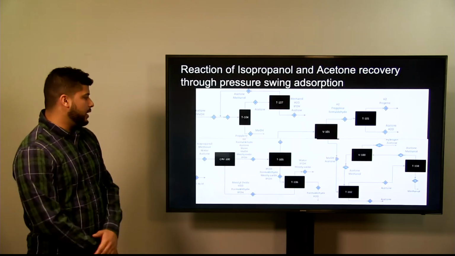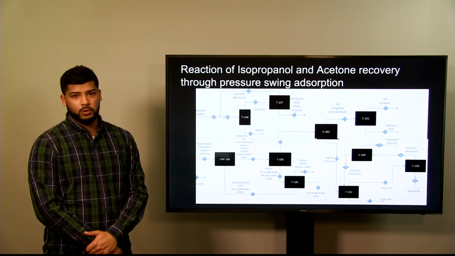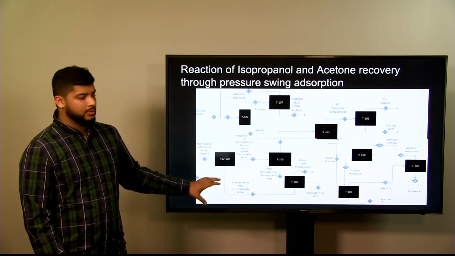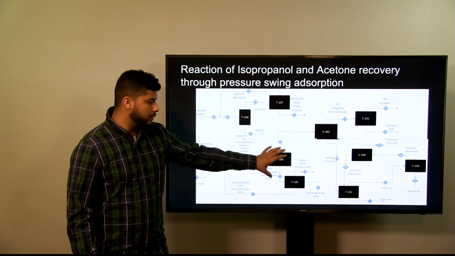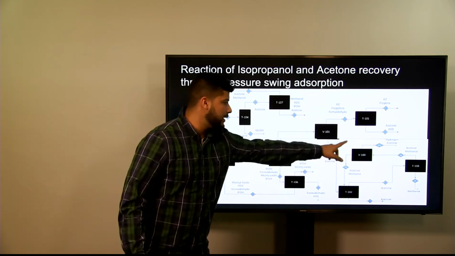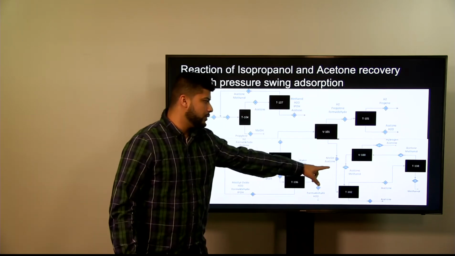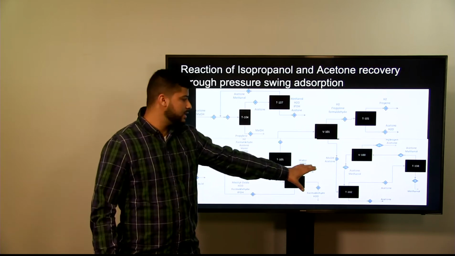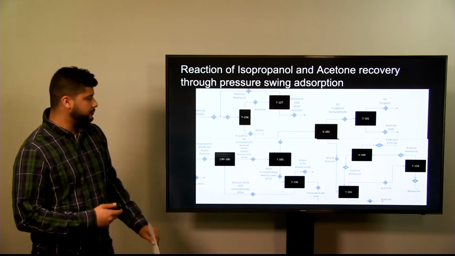The third and fourth are reacting the isopropanol in a shell and tube reactor, and then recovering our product acetone, methanol, and hydrogen, and recycling them back through the various separation processes for maximum recovery.